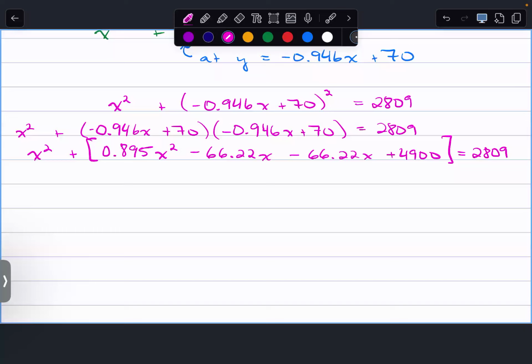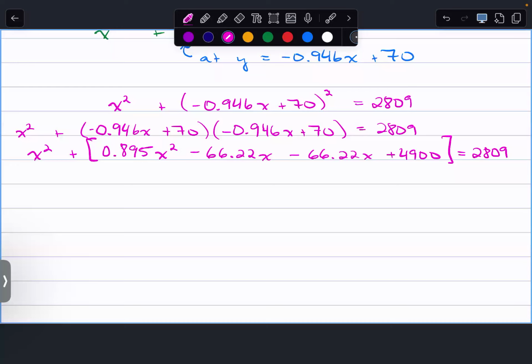Now that I have these brackets, I can just scan this and see, okay, the plus would spread inside here and it wouldn't change anything. So then I can rewrite it without brackets, but also I can collect 1x squared plus 0.895x squared, right? And negative 66.22x minus 66.22x. So I can collect these like terms.